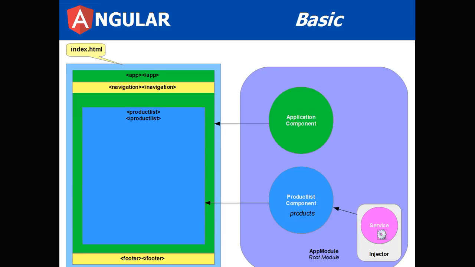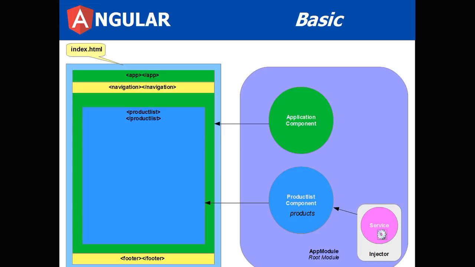Okay, so a basic application: you've got an index.html, and you introduce a custom app tag. Then you have an application component, let's say it's green, and that application component has a navigation tag, a product list tag, and a footer tag in its template. So you're talking about an Angular application with a backing application component. You've got an application module, you have a root application component, which is green, and then you have a child component.